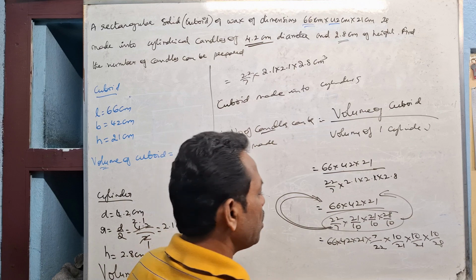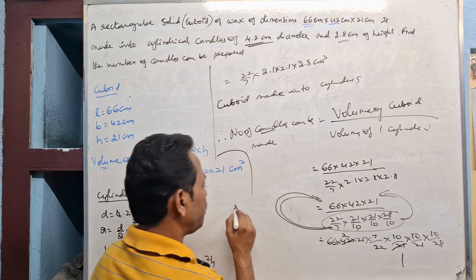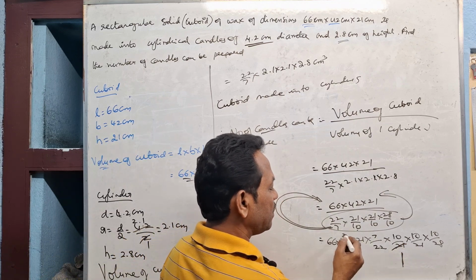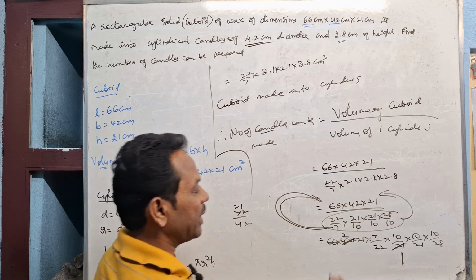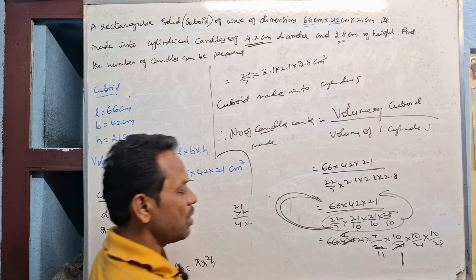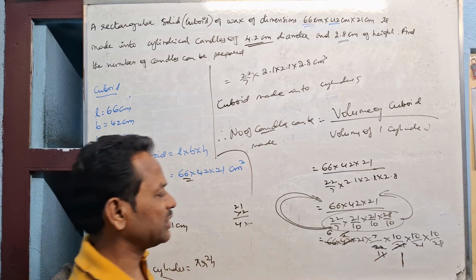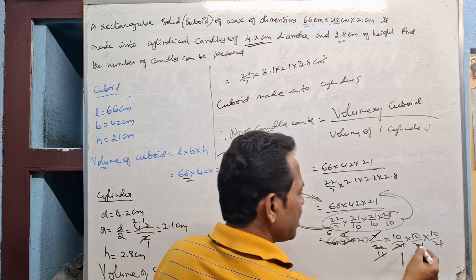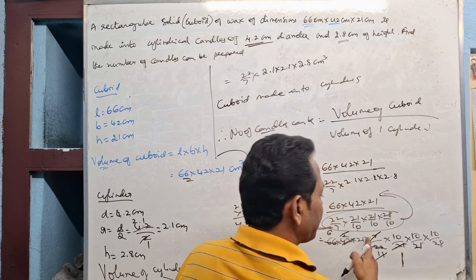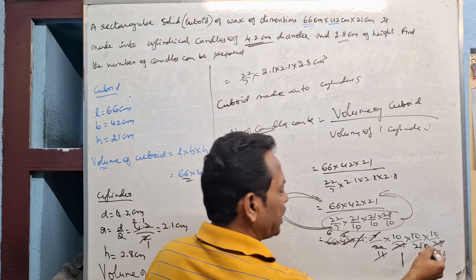Let me simplify. 21 ones are 21, 21 twos are 42. Next, 2 ones are 2, 11 twos are 22, 11 sixes are 66. Next, 7 ones are 7, 7 fours are 28. We can cancel 21 and 21.